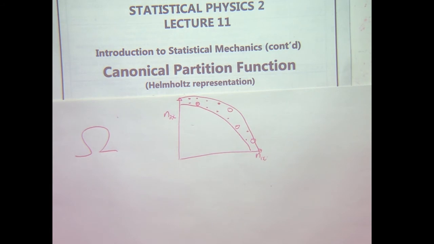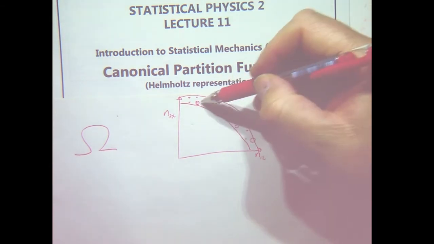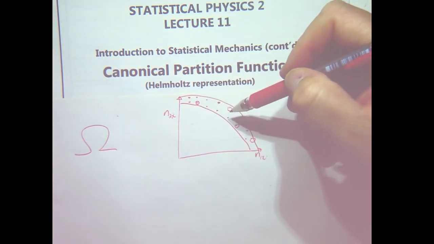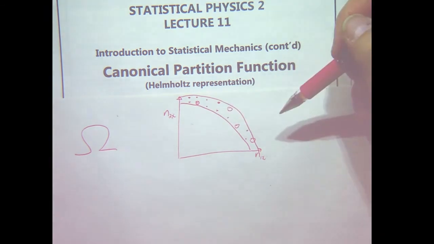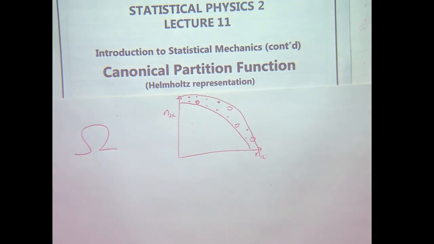But as long as you keep in mind that there can be gaps in the accessible states, then it's okay, because you'll realise that at some point you're going to have to account for the gaps.